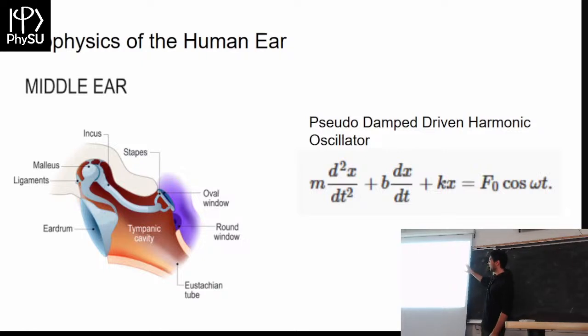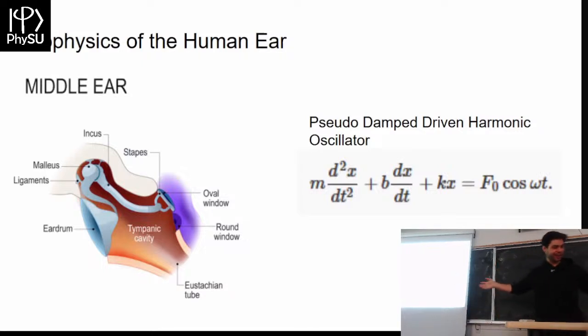Now, it's classified as a pseudo-damped driven harmonic oscillator, which is shown by this equation here. The reason I say it's pseudo is because it's not constantly damped. It's only damped momentarily, for as long as there are sound waves affecting the eardrum.